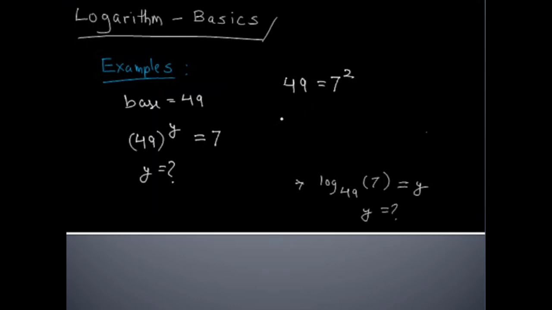Replacing 7 raised to the power 2 in place of 49, what we get is 7 raised to the power 2 whole raised to the power y equals 7, right? Or 7 raised to the power 2y equals 7, or 2y equals 1, or y equals 1 by 2.